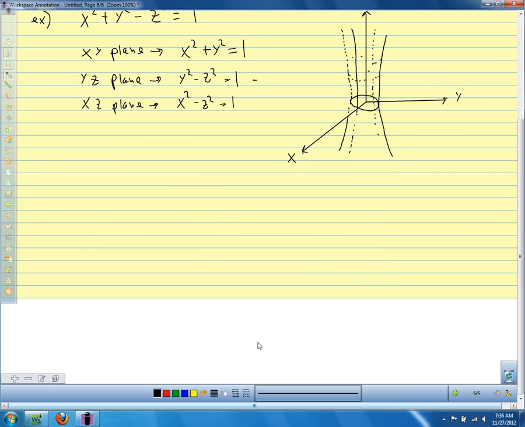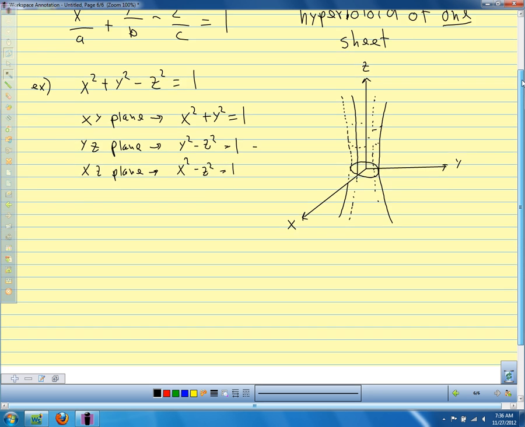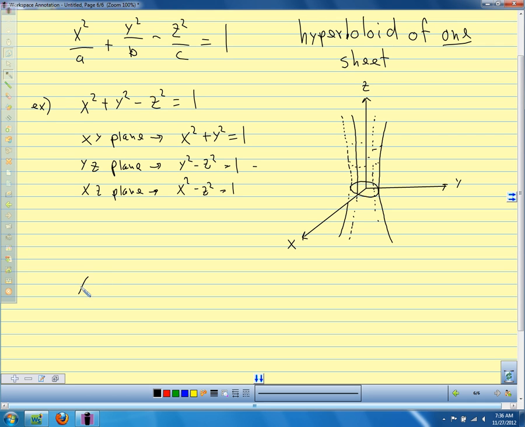If I have two negative signs, I just want to scroll this down. If I have something like x squared over a minus y squared over b minus z squared over c equals 1, this is a hyperboloid of two sheets.